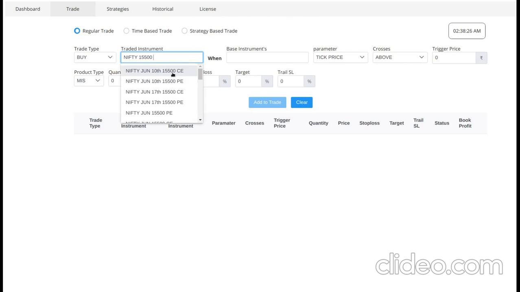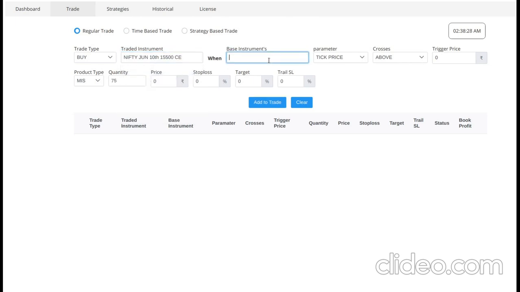If you give Nifty 15,500 CE, then you can say that I want to base it on the Nifty spot, which is Nifty 50, or you can just say that I want to base my decision on the Nifty future.